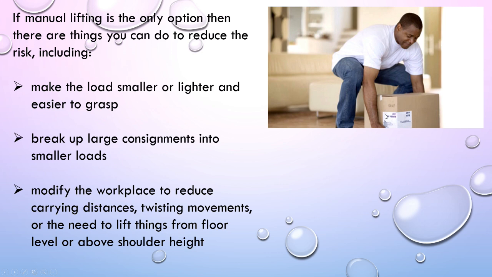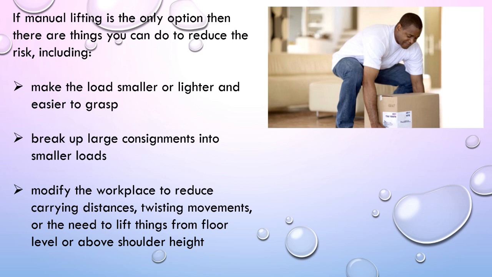Now look at the back there. If that load is so heavy, that can cause a problem for his back. So you've got to be very careful how you do things, which we're going to talk about in the next phase. Now, if the load is too heavy, make sure you divide a consignment into smaller loads.